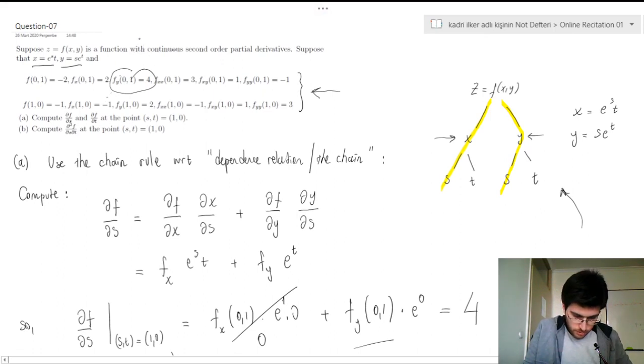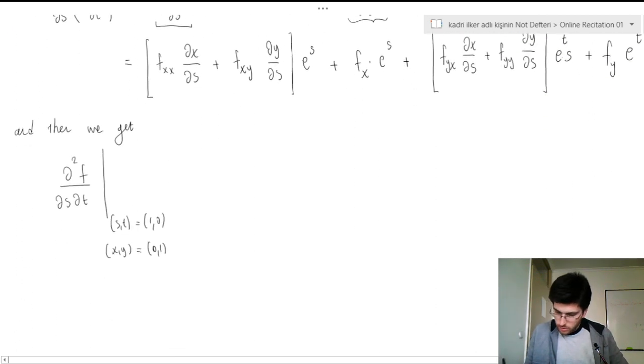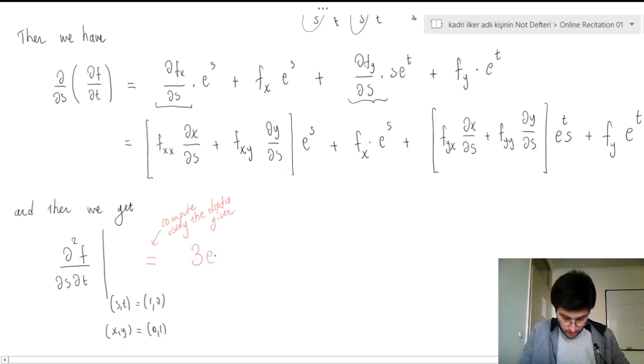You can use all those things, right? Everything is given, and then you can easily compute it. Okay, and then just substitute, and the result will be okay. Probably I'm not going to compute it, just compute using the data given. Then I guess the result will be, just check it, okay? This will be the result.